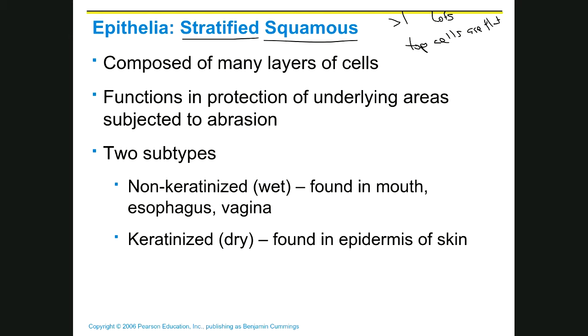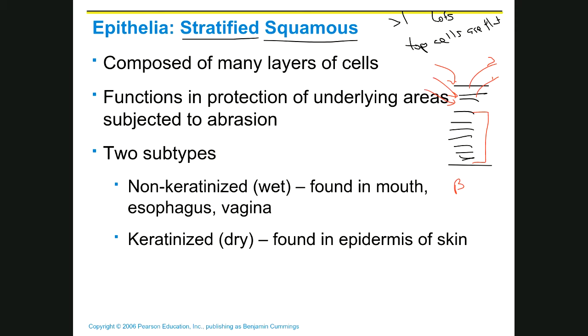Well, because it has so many layers, it's thick. It's thick tissue. And so if I damage the outer layers, I rub on them or break them, damage them or whatever, they may actually come off. But I still have this much tissue before I get down into the rest of my body.